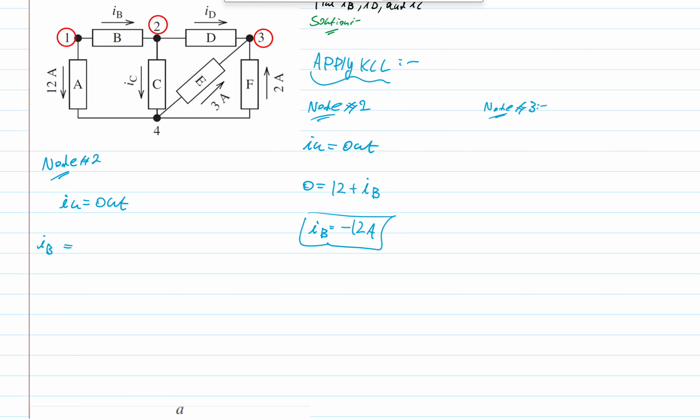Okay. Once you're done with that, now we can apply KVL. So let's just apply KVL real quick. This is for loop number one.